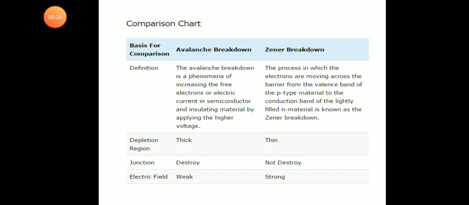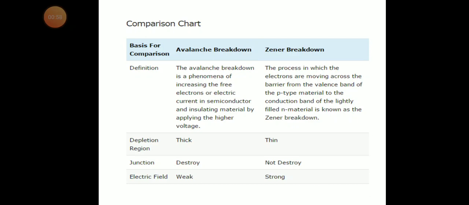So now we try to discuss the comparison between the avalanche breakdown and Zener breakdown of the Zener diode. These two are the main effects which produce the conductive path in the depletion layer of the reverse biased Zener diode.